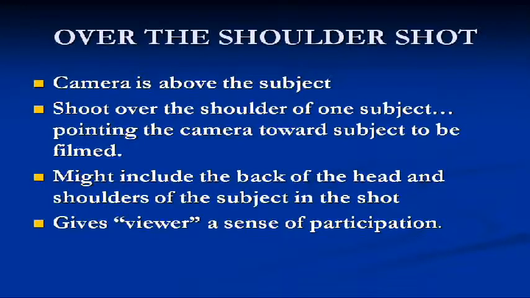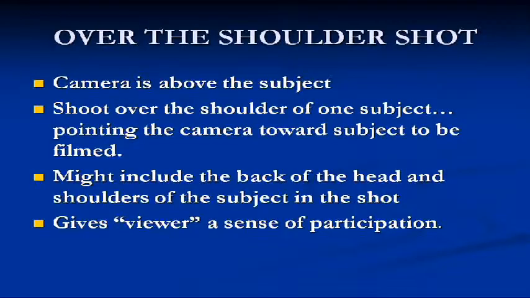We'll talk about an over-the-shoulder shot. We'll not go into great detail right now. This is where the camera is going to be slightly above our subject. We're going to shoot over the shoulder of that person toward one subject, pointing the camera at the subject to be filmed. This particular shot might have a little bit of the back of the head of the person sitting in front of us, but most of the image is going to be the person that is our main center of interest.